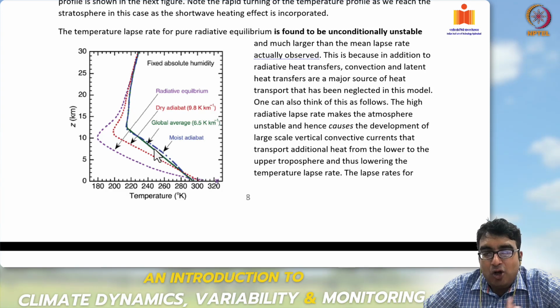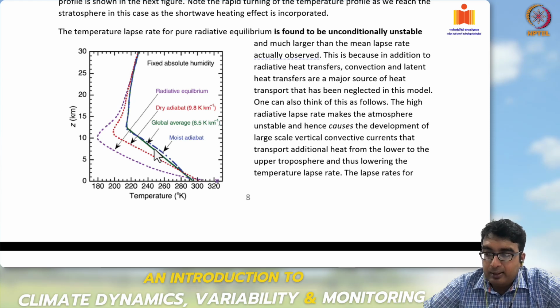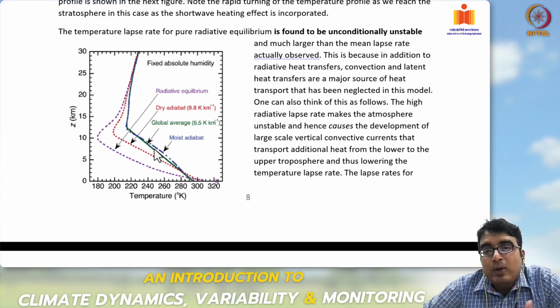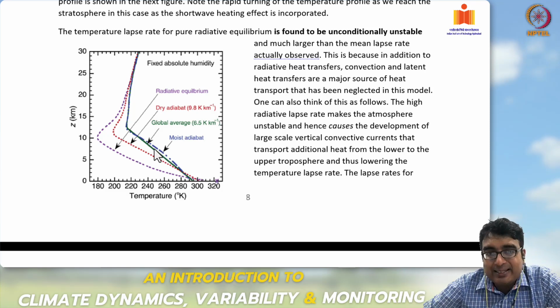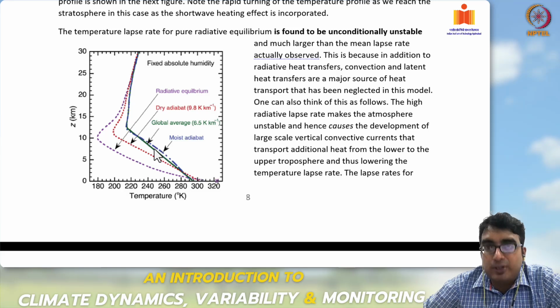Now, this is not actually something that is of concern, because what this shows is, because the radiative equilibrium theory is predicting such a large gradient of temperature variance with altitude, which is unconditionally unstable, that high gradient is actually causing the instabilities that are leading to the development of convective overturning forces.